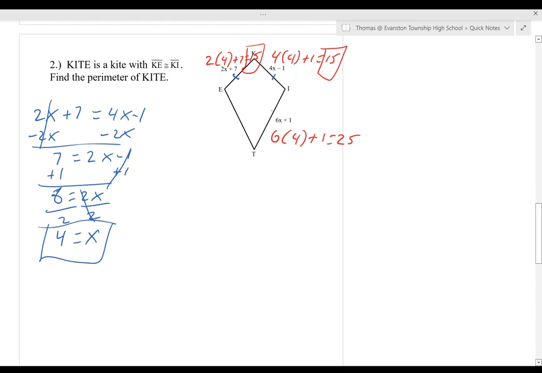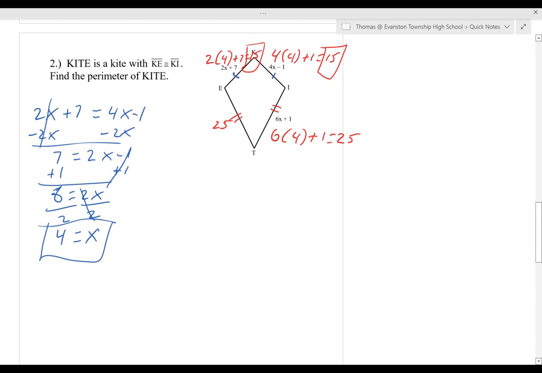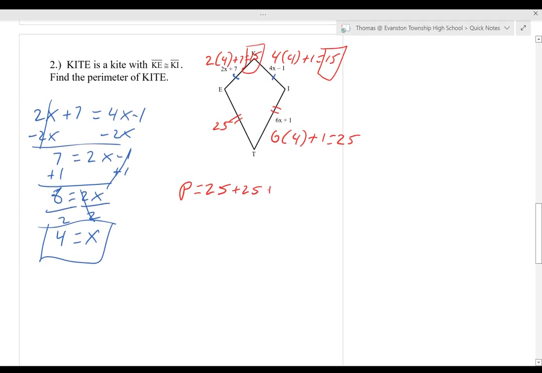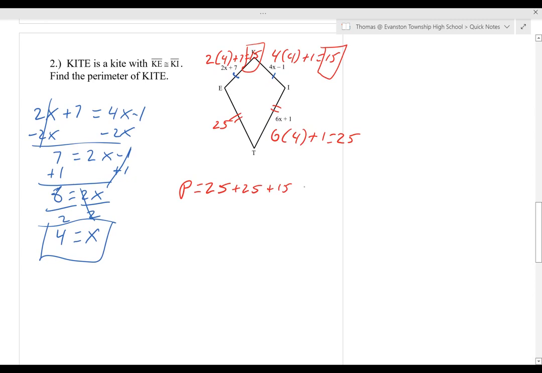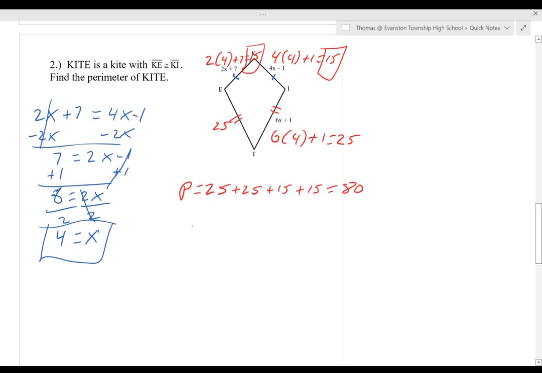And I know that side is also congruent to the other side. And that's also 25. So our perimeter is going to be 25 plus 25 plus 15 plus 15 equaling 80. So the perimeter equals 80.